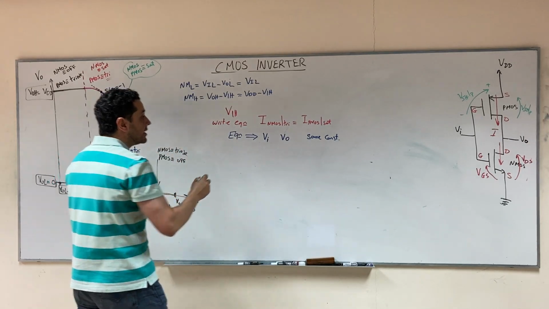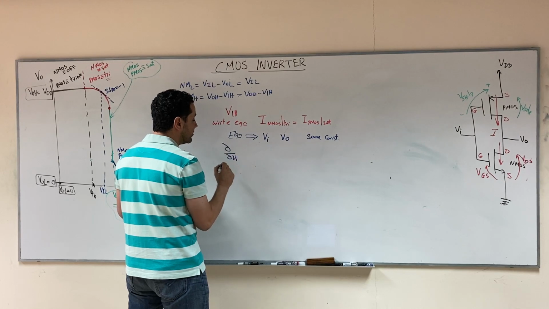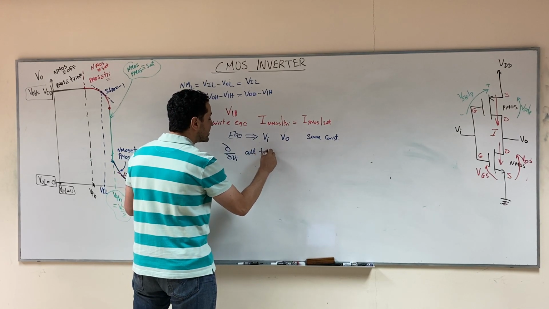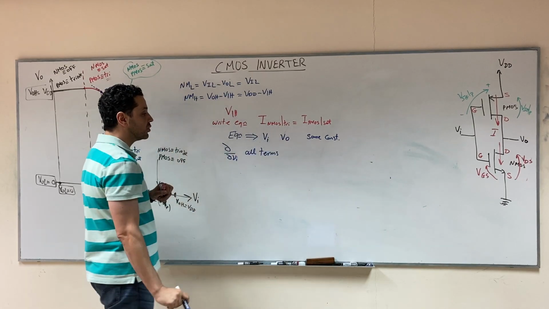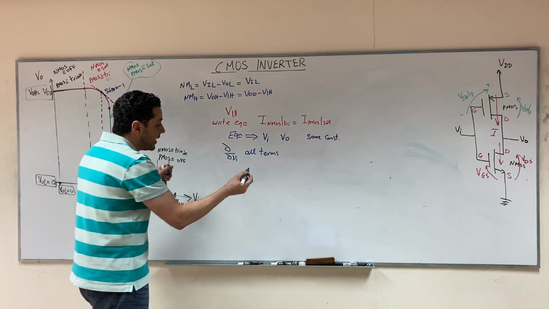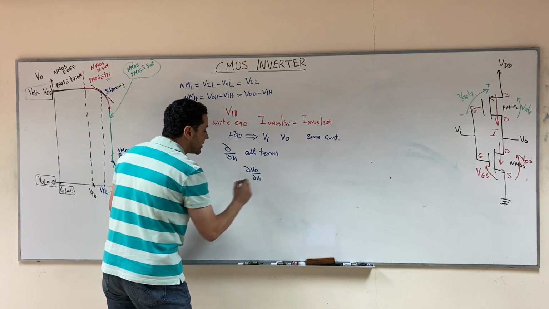The next step is you will differentiate the whole equation with respect to V input, all terms in the equation. You will find that some terms will be dV output by dV input.